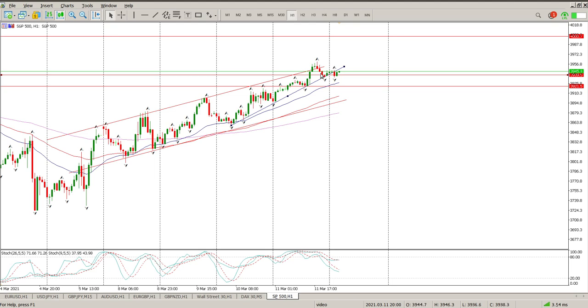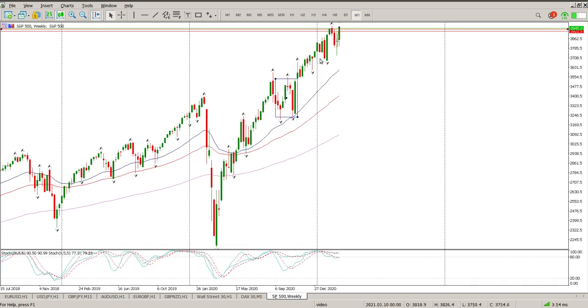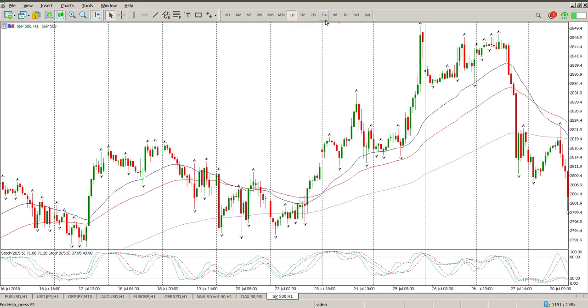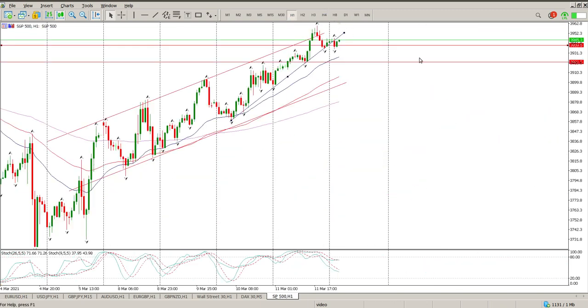That's a bit of profit taking, but the question is, are we going to ambush everybody here again and try and push it down? And if I come to the weekly, that is a double top. Look at the weekly here as well. I'm very, very wary at the moment of what we see.